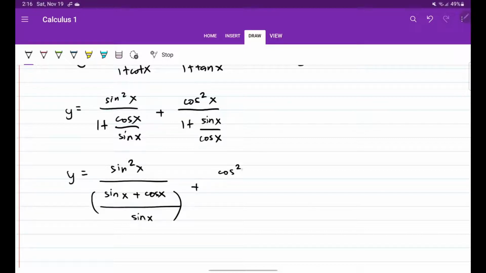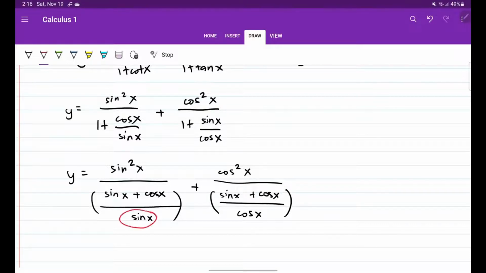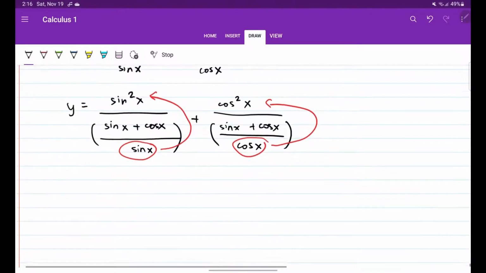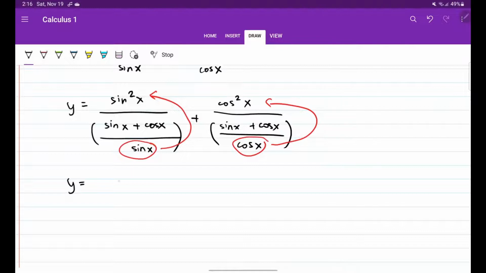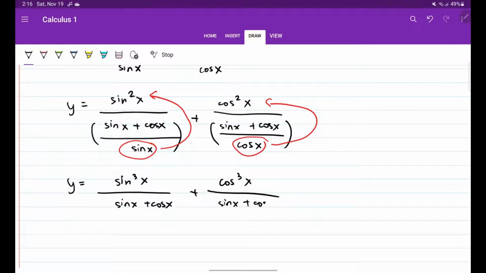Plus cosine squared x over sine x plus cosine x all over cosine x. Okay? And now, we can use the property ng fraction. Ito, pwedeng umakyat. Tama? Ito, multiply sa numerator. Okay? So, this will now become y equals sine cube x over sine x plus cosine x plus cosine cube x over sine x plus cosine x.